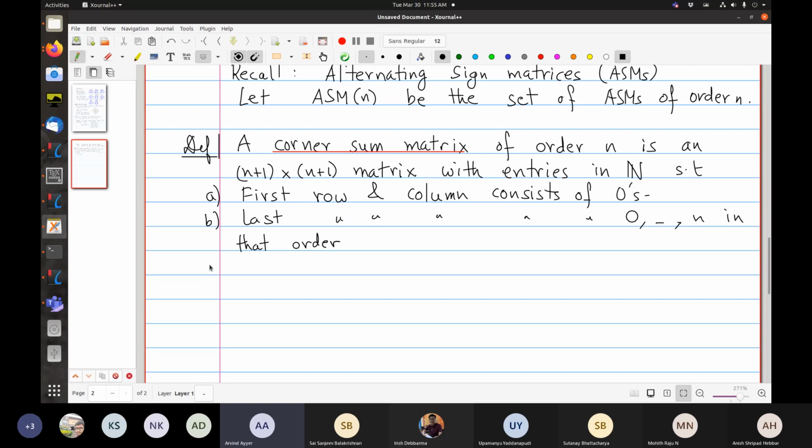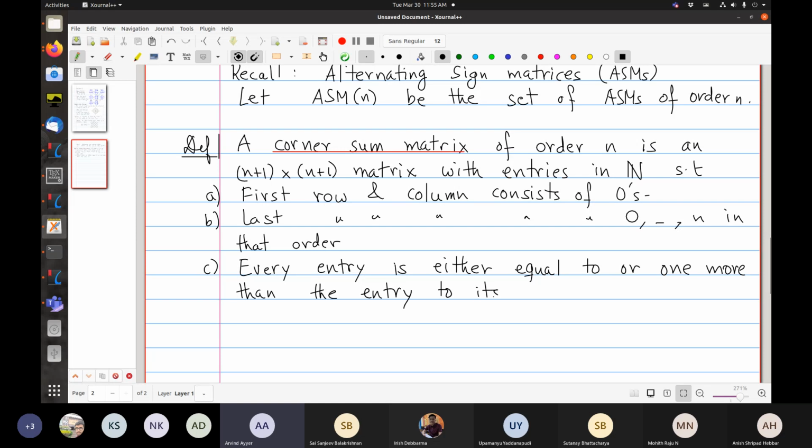And every entry is either equal to or one more than the entry to its left and above.